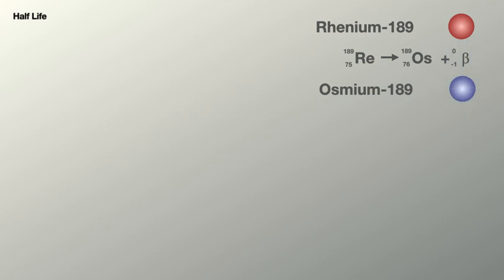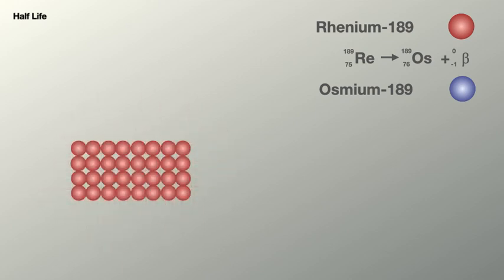Okay, now let's assume we've got a sample of absolutely pure rhenium-189. That's a pure sample of rhenium-189, 32 atoms of rhenium-189. Now, over time, those rhenium atoms are going to decay. They're going to undergo beta decay and turn into osmium atoms, like that.